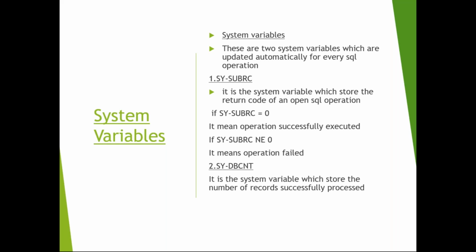Yes, sir. Now, these are the two system variables you have to remember whenever you are doing any sort of SQL operations, or OpenSQL operations. You have to use sy-subrc more frequently, and sometimes you have to use sy-dbcnt also. Not using it regularly, but you may need it sometimes.